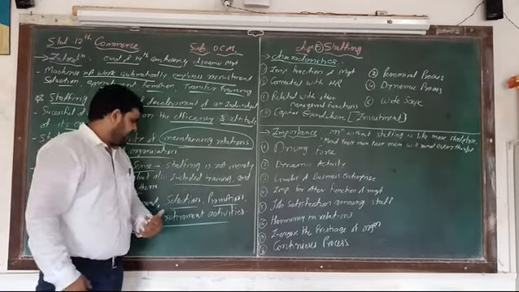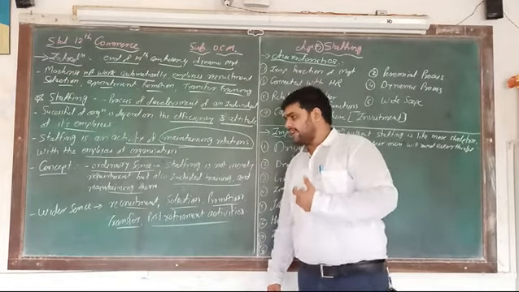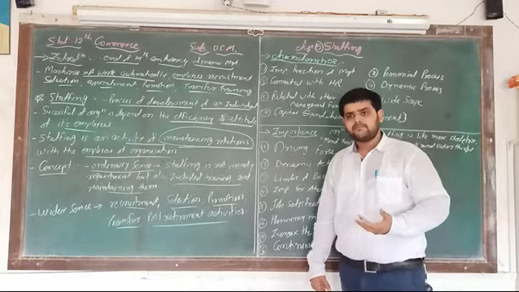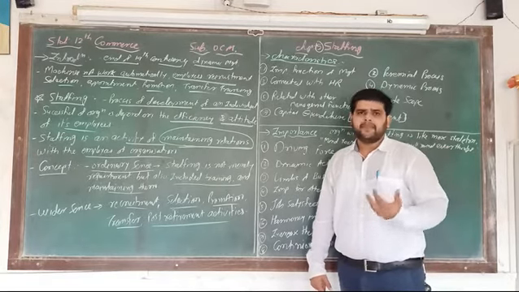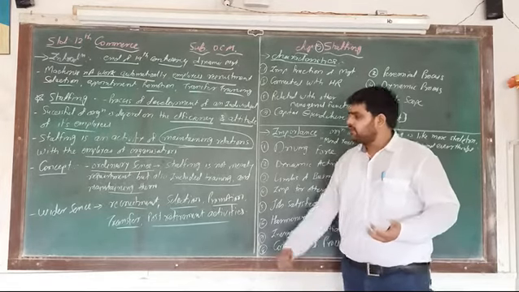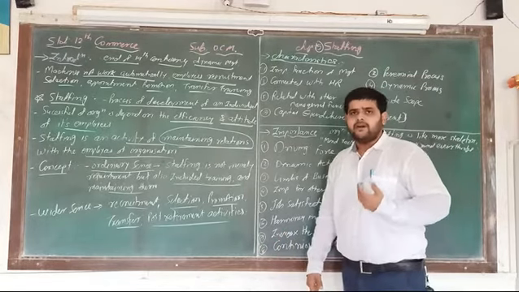And last, post-retirement activities. If they are retired, what is the activity of the organization after retirement? For example, gratuity, pension, and such activities. So this is the whole concept of staffing.